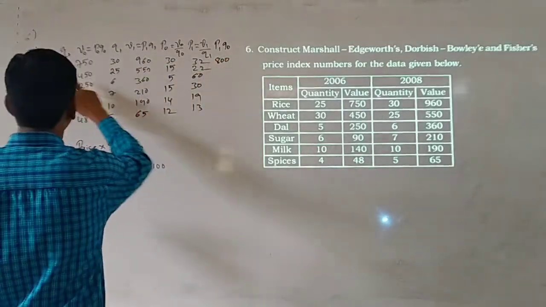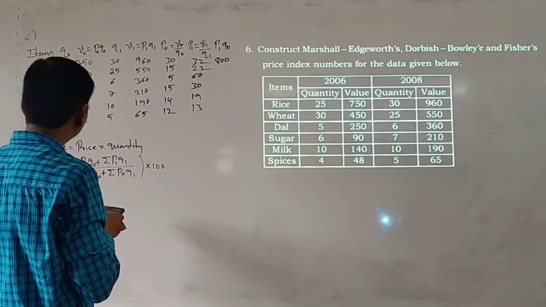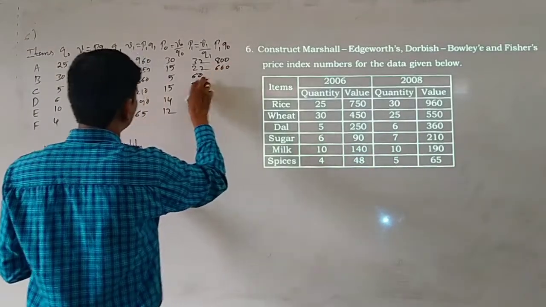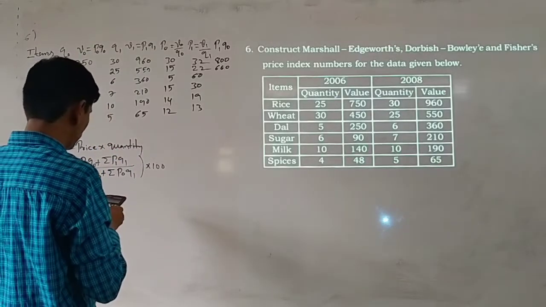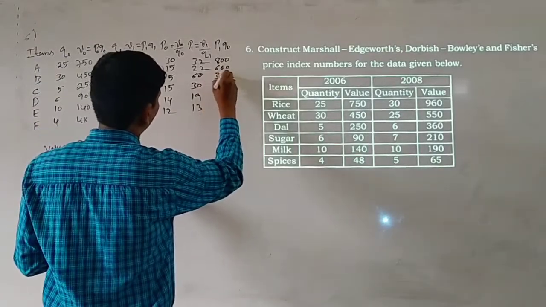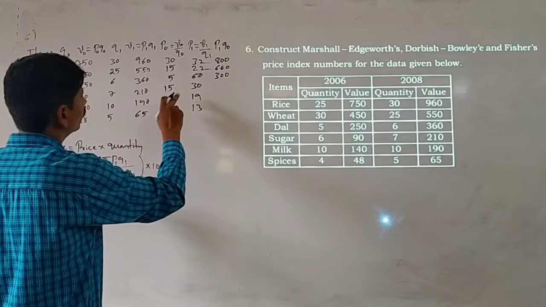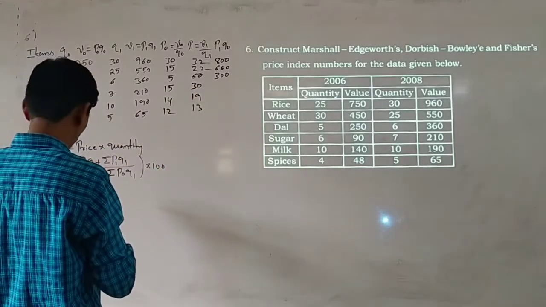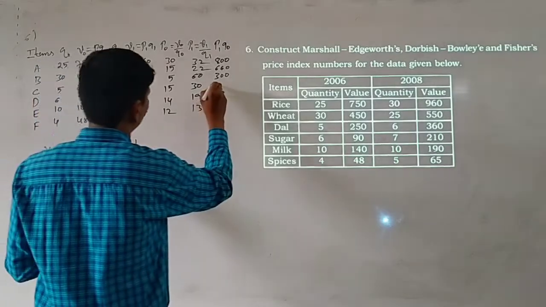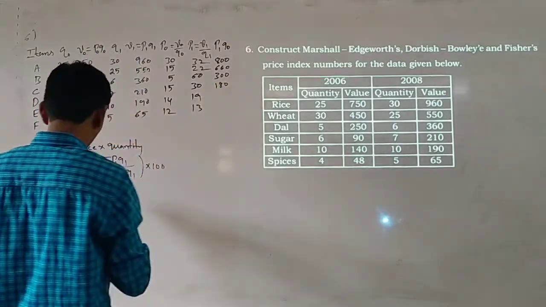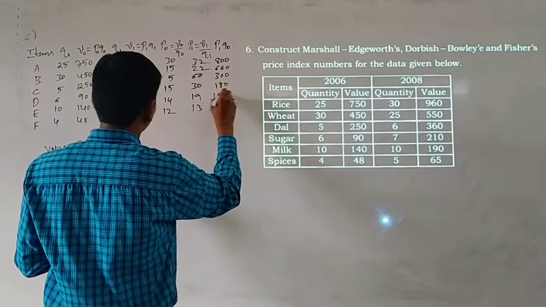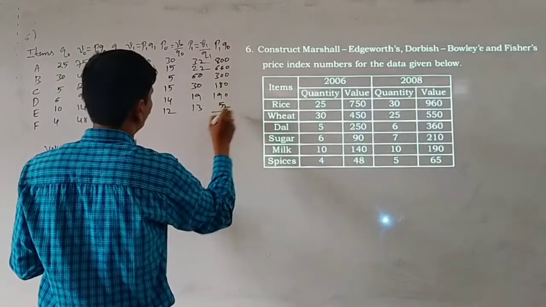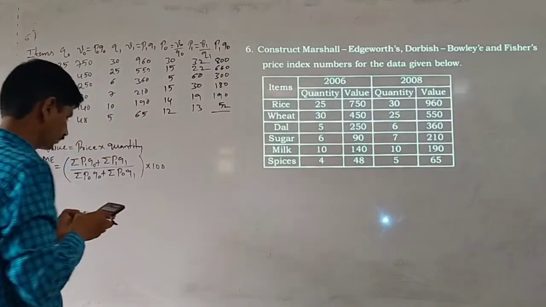The next, 22 into 30 is 660. Next 60 into 5 is 300. The next, 30 into 6 is 180. 19 into 10 is 190. 13 into 4 is 52.